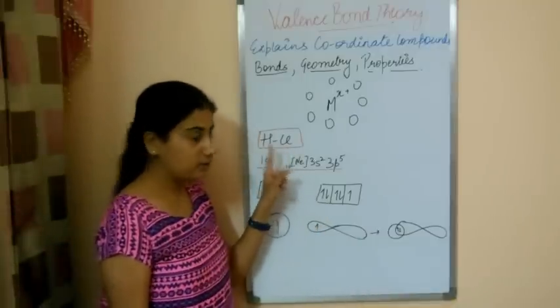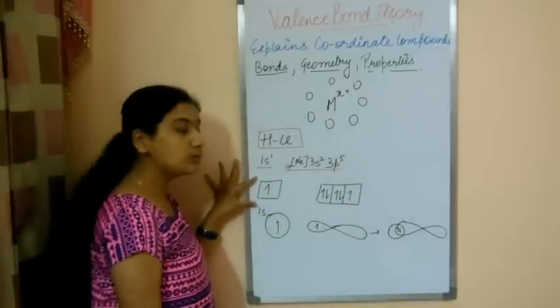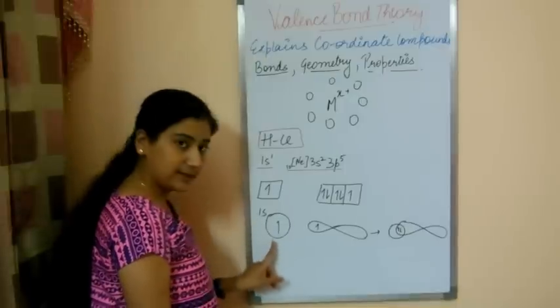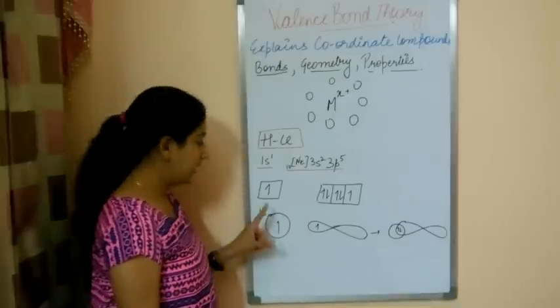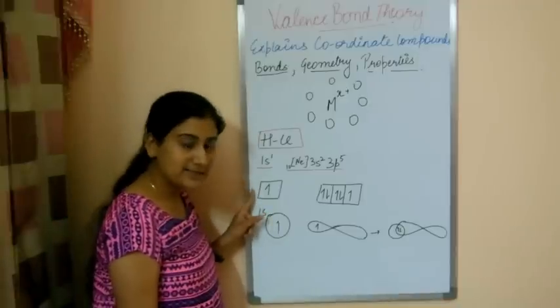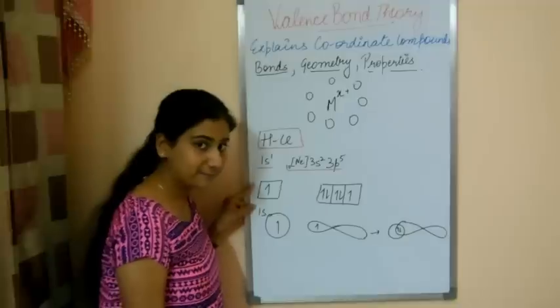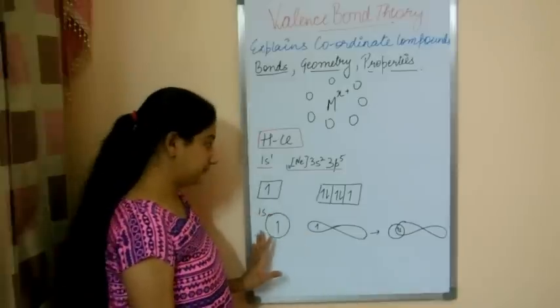In HCl, if we have hydrogen alone, this will be the representation of the orbital 1s, which we know is spherical in shape. It contains 1 electron, which means it has the capacity to accommodate 1 more electron. This orbital is half filled, because it can accommodate 2 electrons to be fully filled.